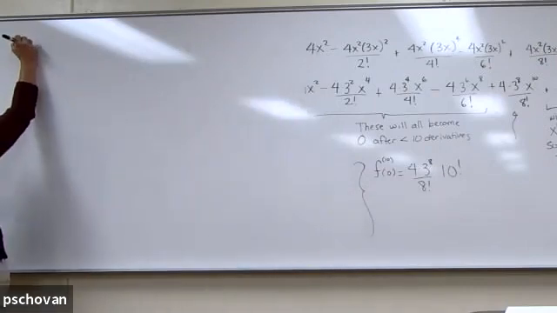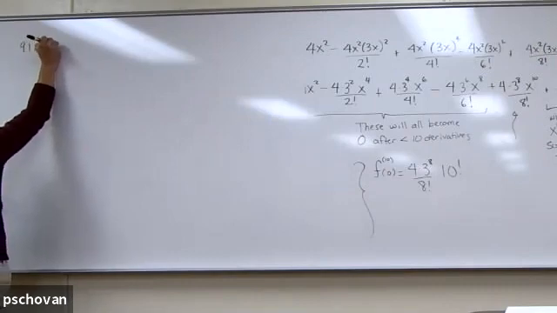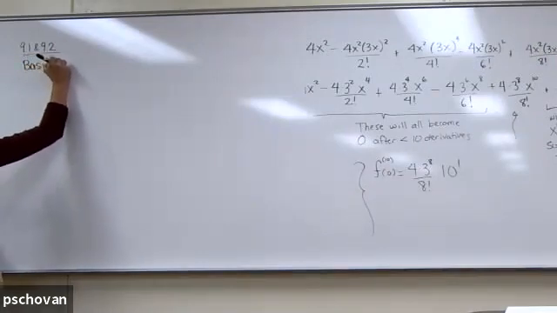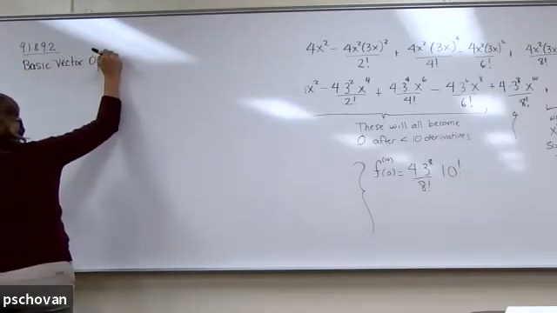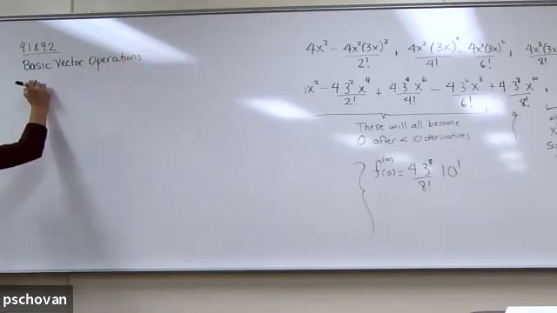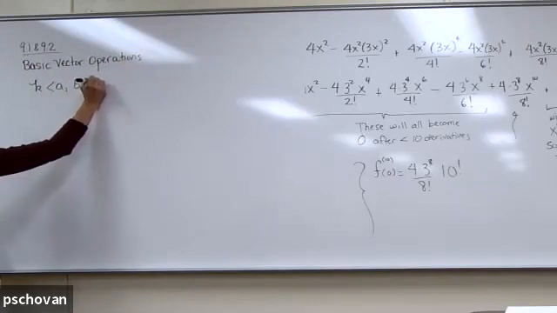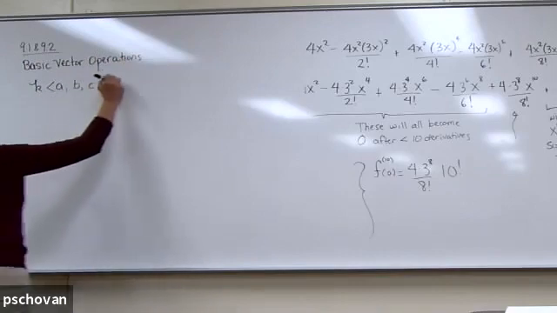In sections 9.1 and 9.2, we did our basic vector operations. If you multiply a vector by a scalar, whether it's a one-dimensional vector, two-dimensional vector, or three-dimensional vector, you multiply each component.